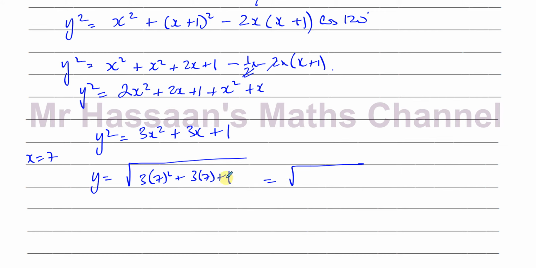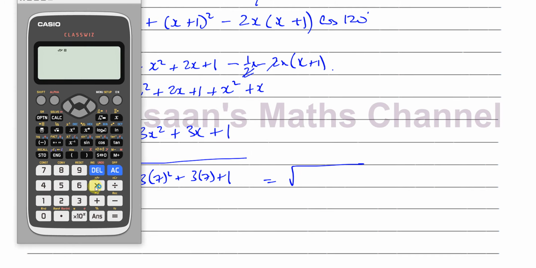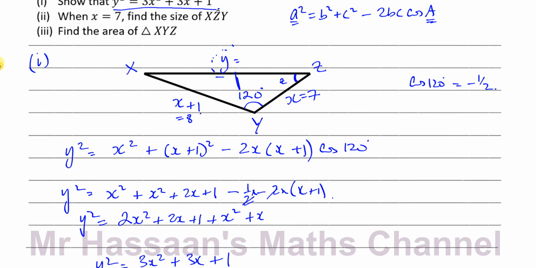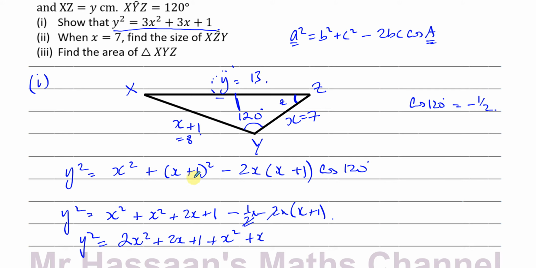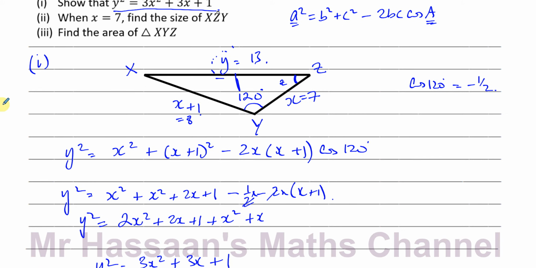That's 3 times 49, plus 3 times 7, which is 21, plus 1. That gives you the square root of 169, which is actually 13 centimeters. So y is equal to 13 centimeters. So I know this is 13 centimeters, so I can find the size of angle XZY.